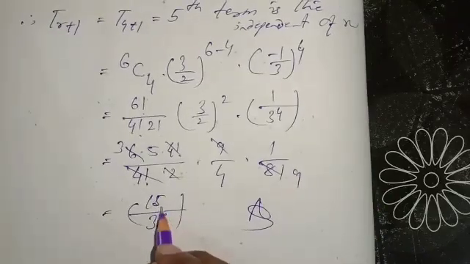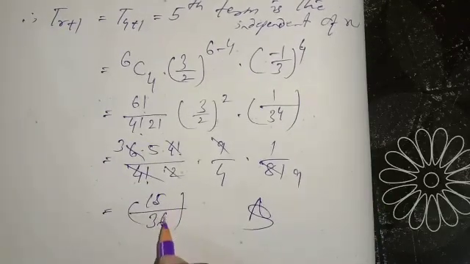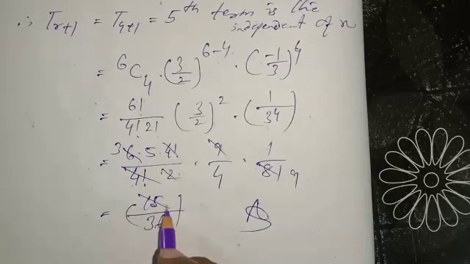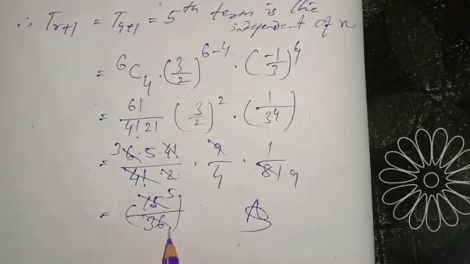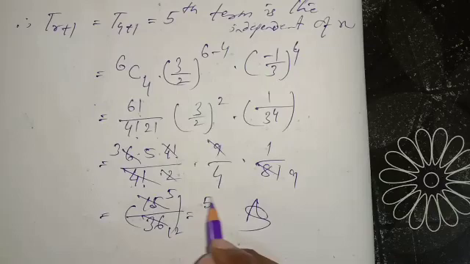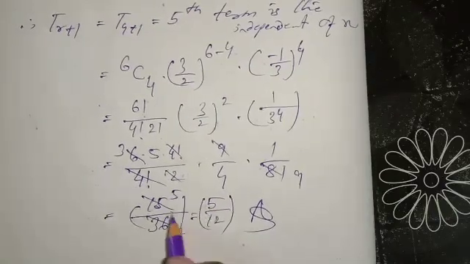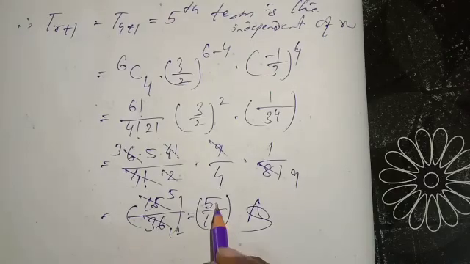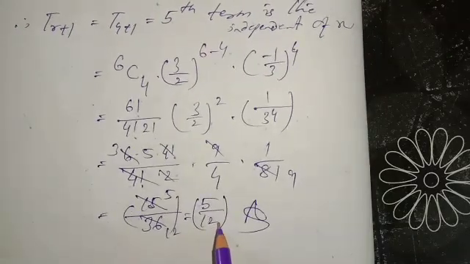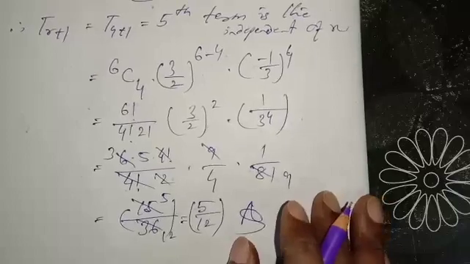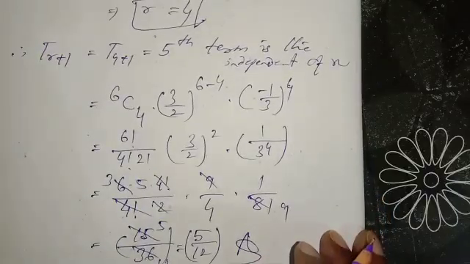Again this will go by 3, as is clear from the last part. The actual final answer, after converting to lowest terms, is 5 by 12. Therefore, 5 by 12 is the fifth term in this expansion which is independent of x.